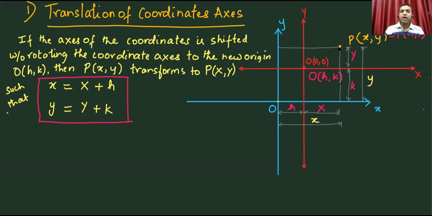So with respect to the new x-axis and y-axis, let the coordinates of P be capital X comma capital Y. We want a relation between small x and capital X, and small y and capital Y. Based on our basic definition of the coordinate system, to reach P we have to go capital X distance along the x-axis and capital Y distance along the y-axis.